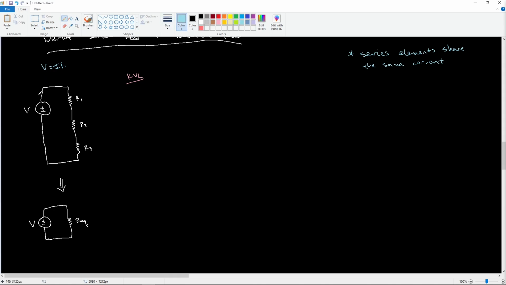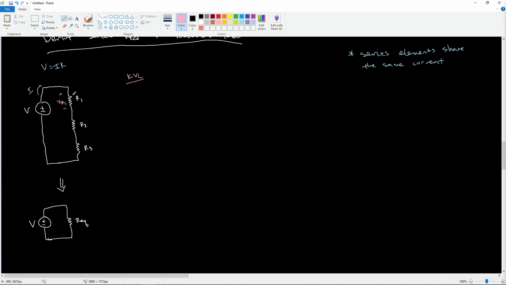Across R1, we know there should be a positive voltage from here to here because current's flowing into this resistor from top down. So we'll have a positive to negative voltage drop. And we're just going to say it's VR1.